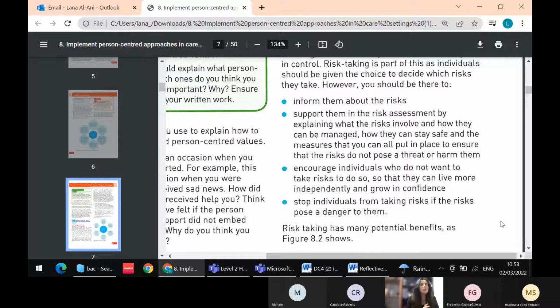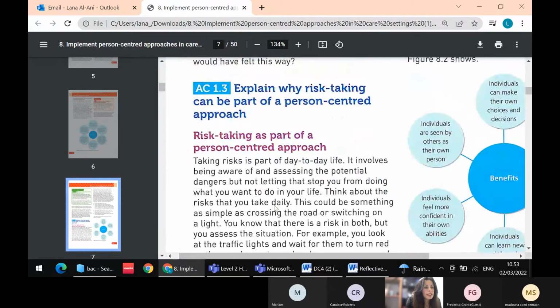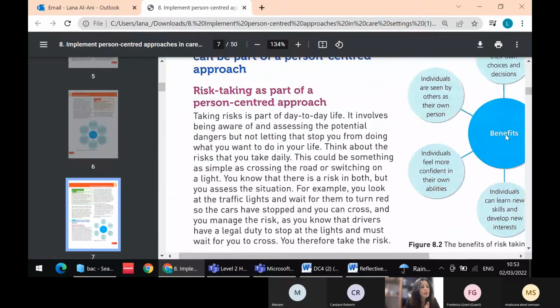So first of all, what would you do? Let us go back to answer the question where it says, explain why risk-taking can be part of the person-centered approach. I would say risk-taking is just day-to-day activity in everyone's life. So if I care for my clients, for the individual, I need to be aware of the risk I am taking to accept their own choices. So how dangerous is it to take this risk?